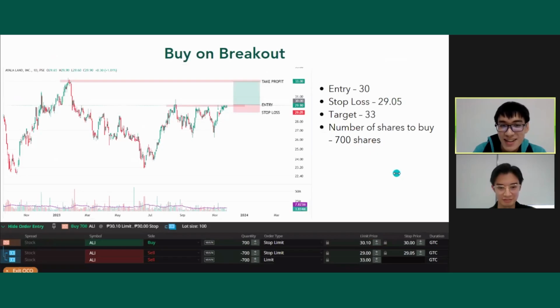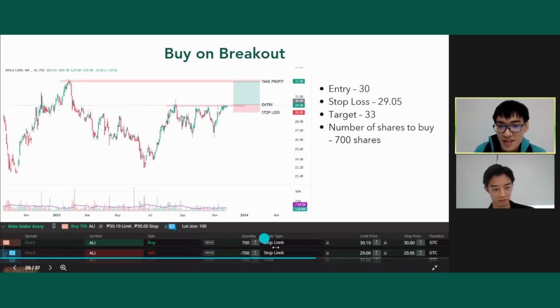So there. Here's another example. It's going back to the Ayala Land breakout trade. So how you would input this naman is ganito. Here, breakout idea tayo. You want to buy at the breakout of 30 pesos. Since price is not yet at 30, you have to wait for it to hit 30, diba?